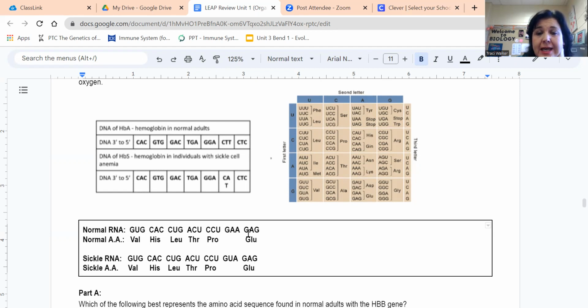So GAA, so first letter is G, second letter is A. So they intersect here. GAA is glutamine. Okay, but then GUA, first letter G, second letter U, right here they intersect. GUA is valine. So there's our difference.